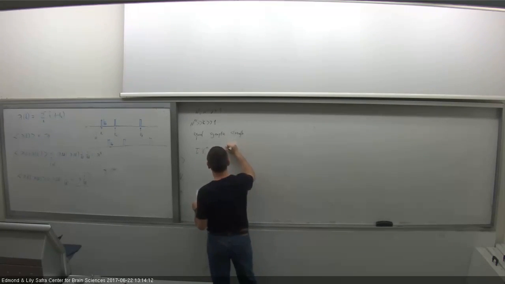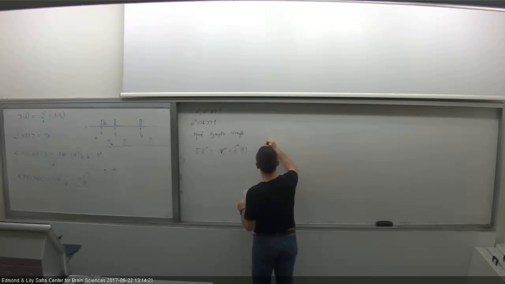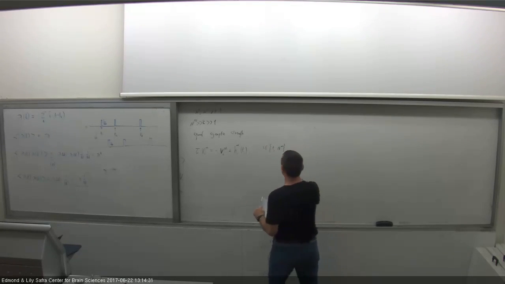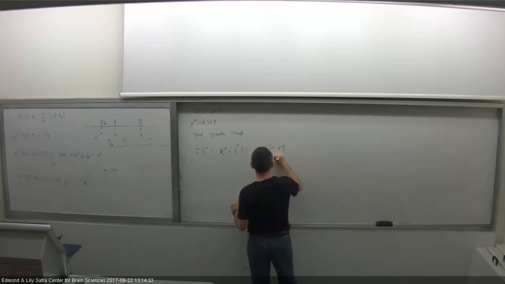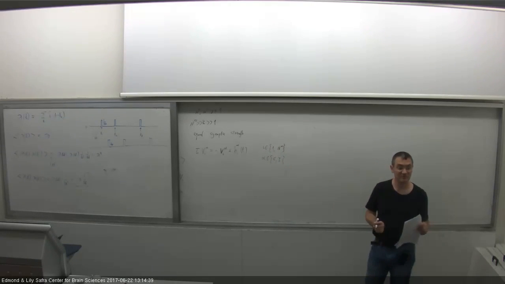This will be equal to minus v_i alpha plus h_i alpha of t, where i goes from 1 to N, i is the index of the neuron, and alpha is either excitatory or inhibitory. Questions?